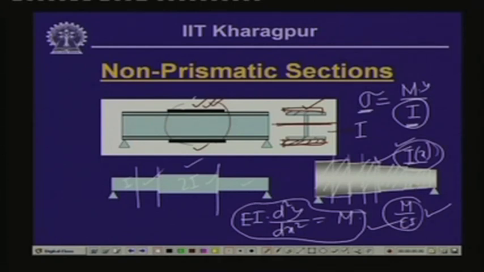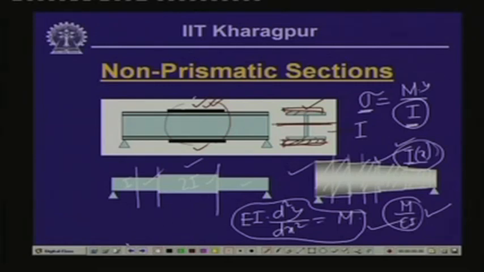Now, in the process the slope and deflection which we evaluate for the entire beam is not going to be exactly the same as if we consider the moment of inertia as a function of x, but nevertheless we can accept this solution with reasonable accuracy for use in design practice.